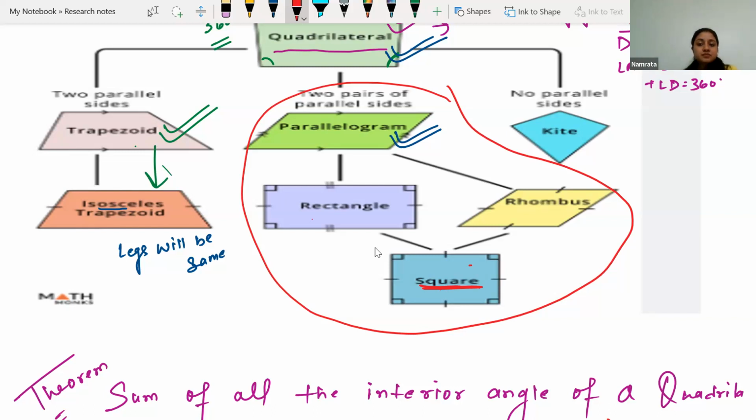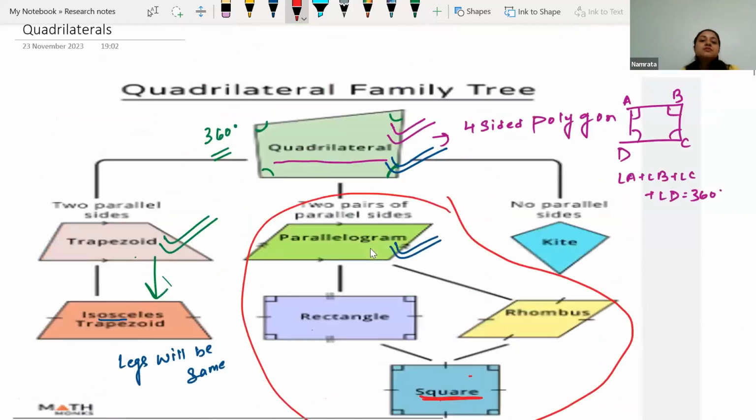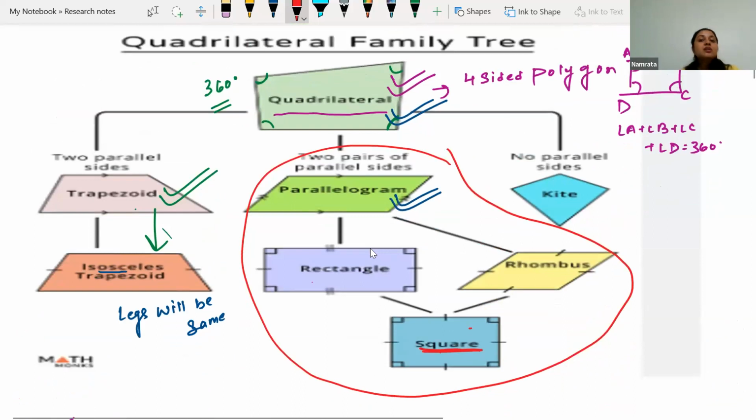Okay, now we are going to start with parallelogram. Basically, as I am saying, this is the main part of this chapter. This family tree, you can note it down in your notebook, you can keep it anywhere, so that whenever you have fill in the blanks, and whenever in future somebody says that it is rhombus or quadrilateral, you will not get confused.